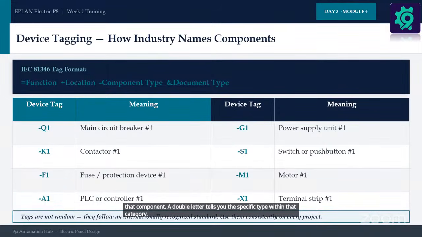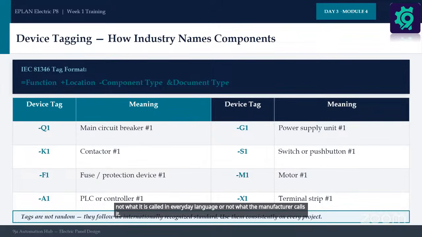Now, principle two: the letter is determined by the primary function of that device. The classification letter is assigned based on what that device primarily does, not what it looks like, not what it is called in everyday language, and not what the manufacturer calls it.